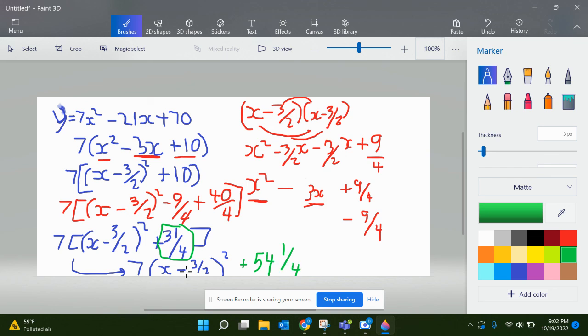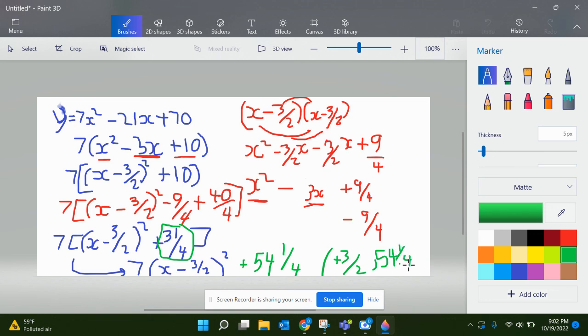Okay, so that was a lot of stuff. But what can we see? We can see that we have an upward parabola because this a is positive. It has a vertex x-coordinate of plus 1.5 or 3 over 2. Okay, so plus 3 over 2 or 1.5. And then the y coordinate of the vertex is 54 and a quarter or 54.25.